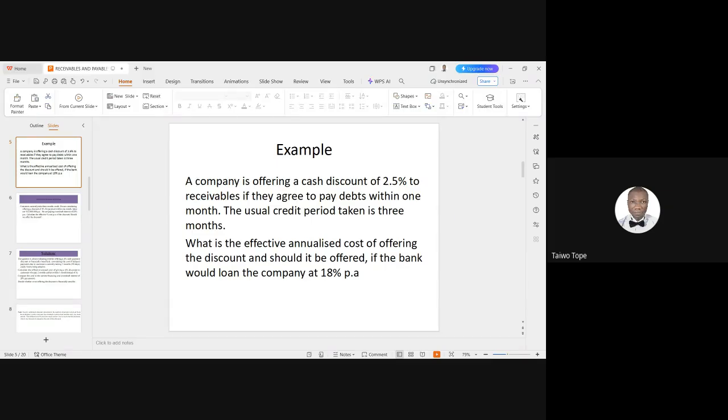Within 3 months, 4. Now, if you are not paying within 3 months, you are paying within 1 month. How many months will you have as extra?